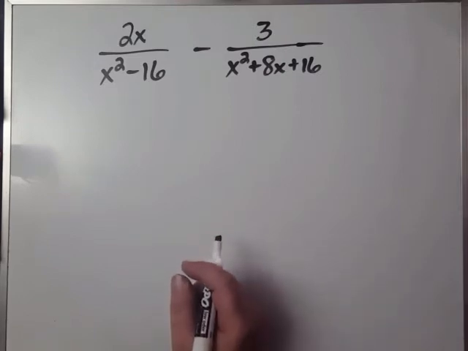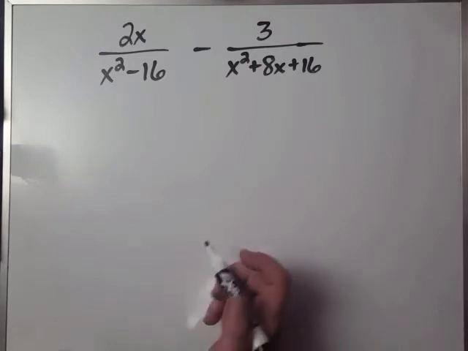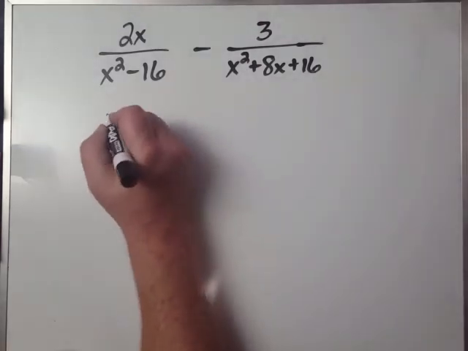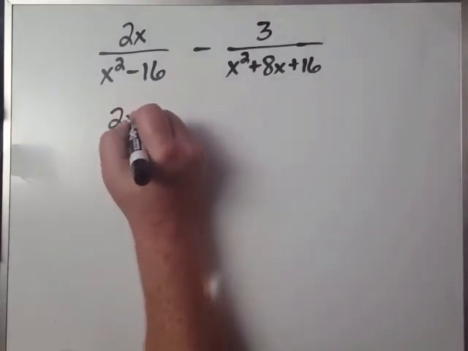So the first thing I need to find is my least common denominator. I find that by collecting factors. Let's get these denominators factored.